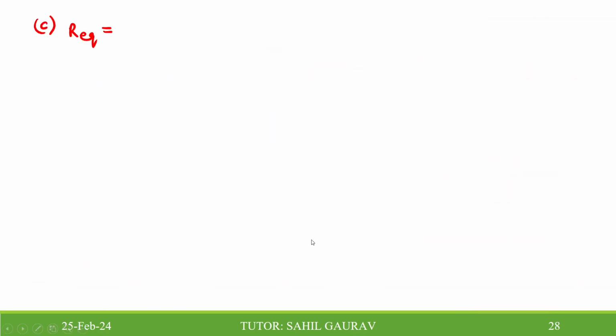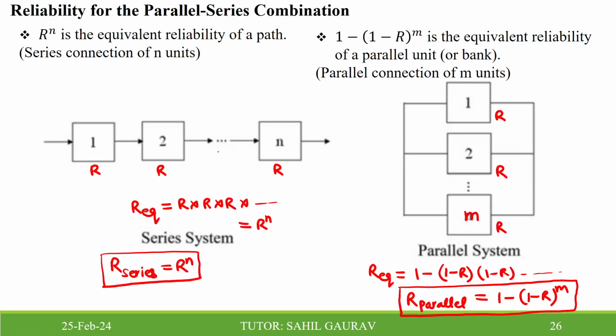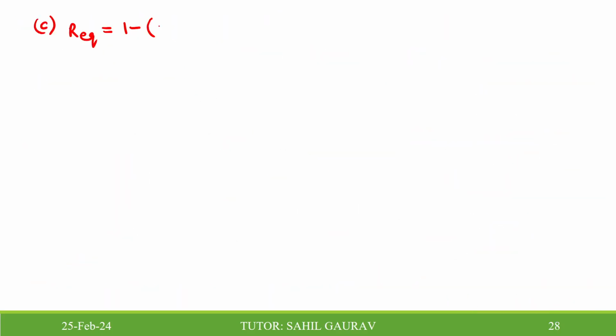So let me just write. For a parallel combination, suppose we denote the components as R1, R2 and R3. It is 1 minus (1 minus R1) into (1 minus R2) into (1 minus R3).